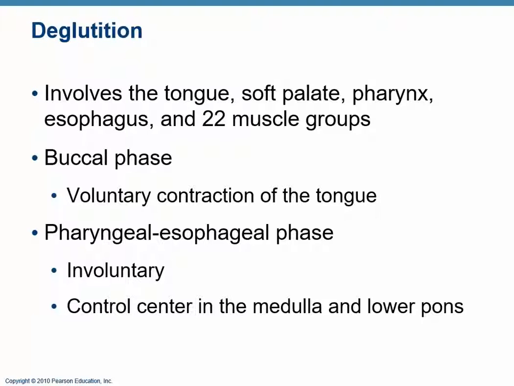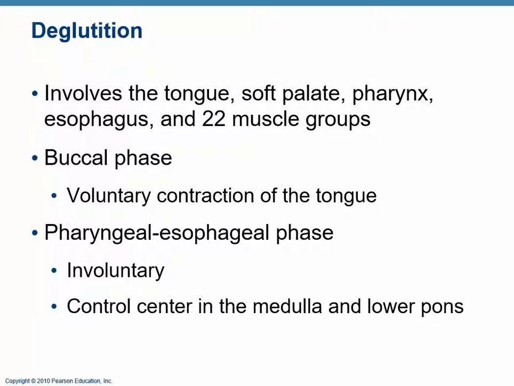So you'll chew and chew and create the bolus with your tongue, and then you contract the tongue and push it up to the roof of the mouth and the front of the mouth, so that the bolus gets pushed back into the throat, into the pharynx. And that's a voluntary thing. It's a voluntary contraction of the tongue that moves it.